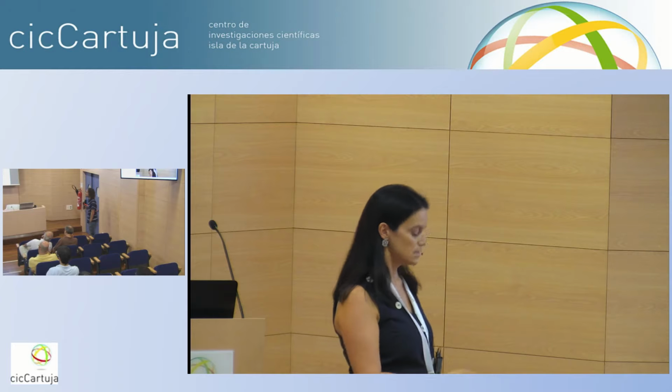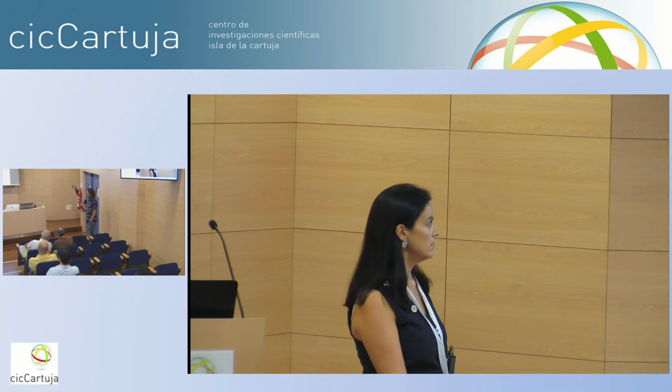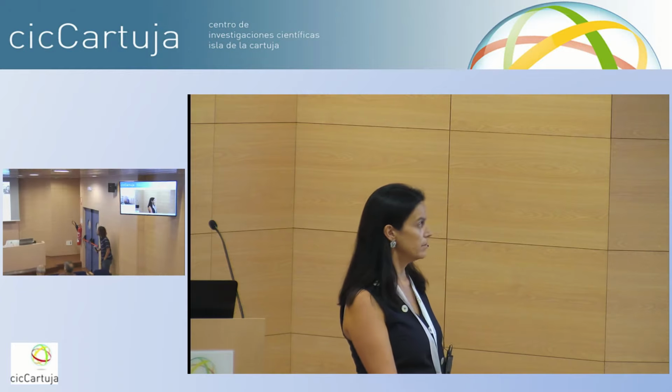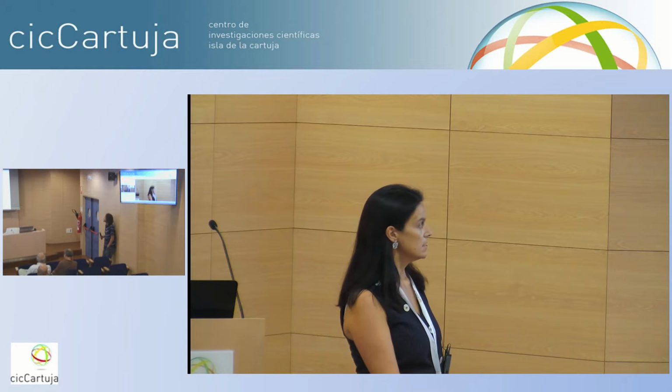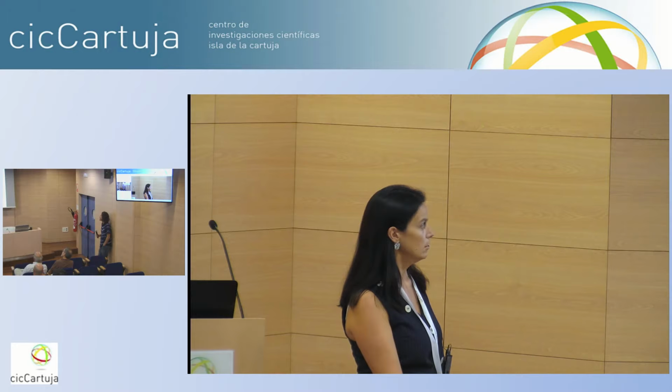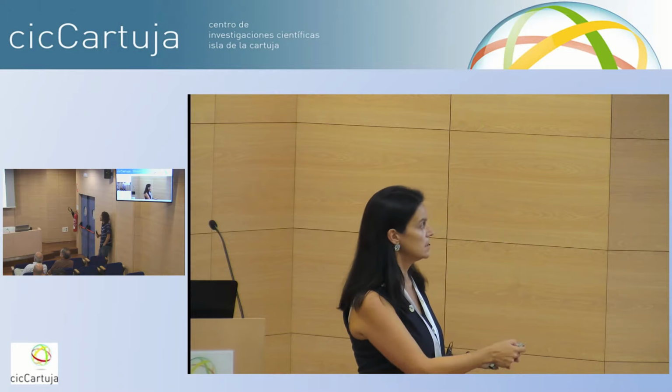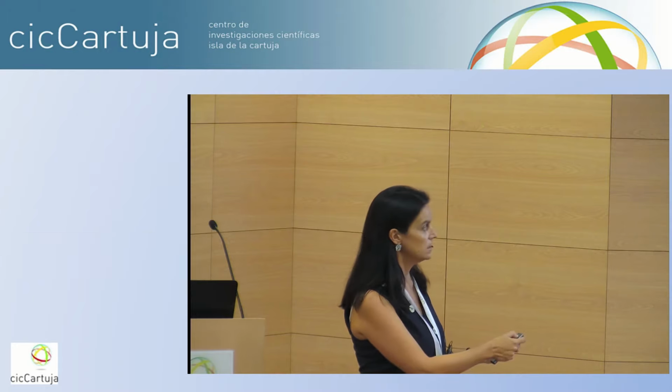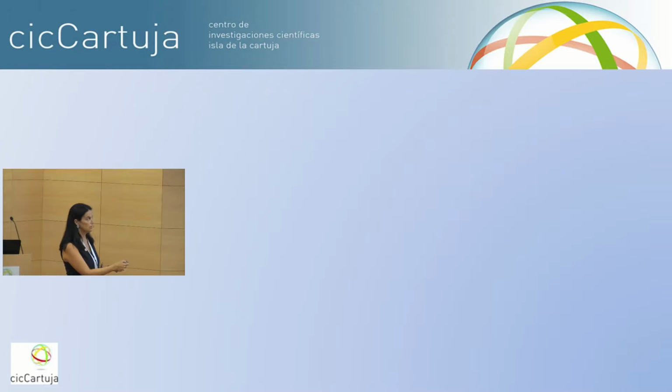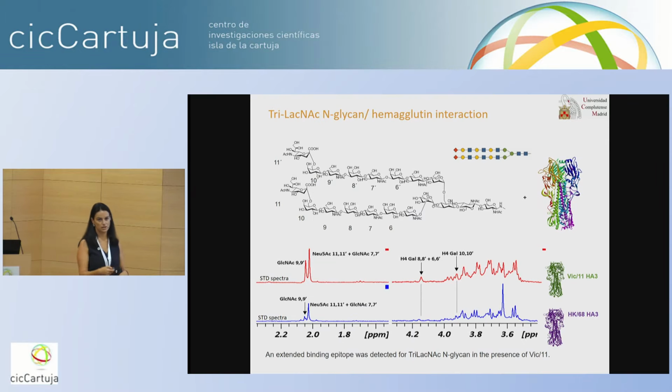For instance, Beatriz, my student, synthesized the Tri-LacNAc structure, but not the B antenna, the mono antenna, in 3 months. But she learned everything from the beginning. Then perhaps if you are used to doing that, you can do it in 1 month.